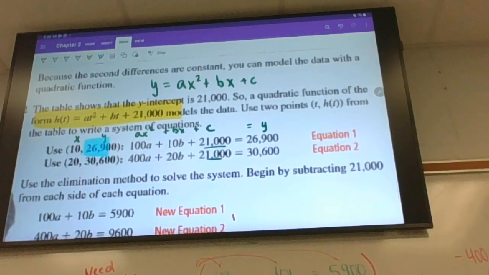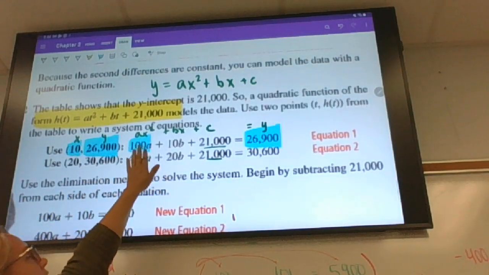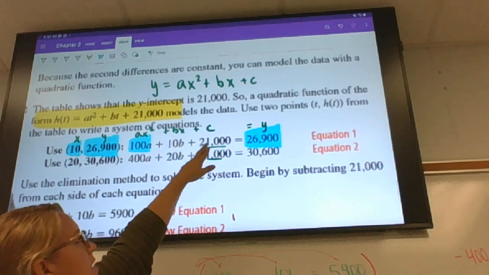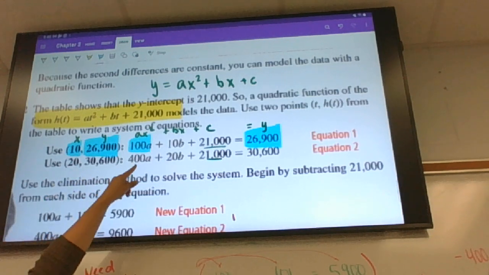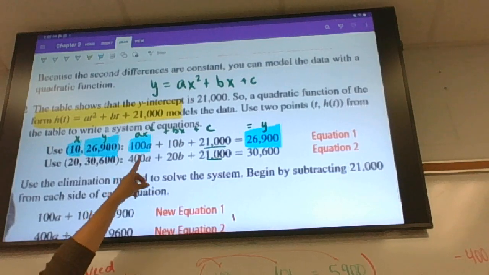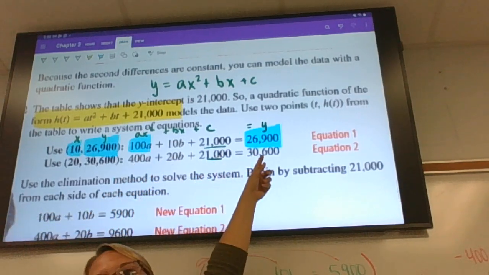The y value is the result. Now the x value, 10, appears as 100 because that's 10 squared. Good. And then you got 10b, and then your c, and then your y. So the second ordered pair, 20: this is 20 squared, x squared, 400. We put in 20 for that x, we got our c value, and then there's the y.